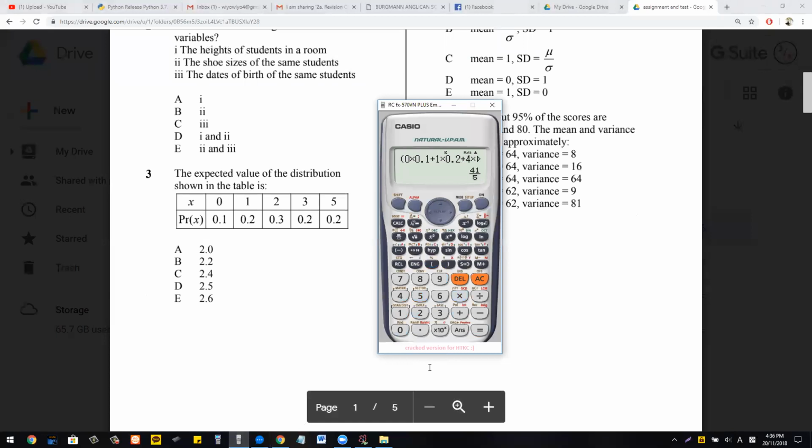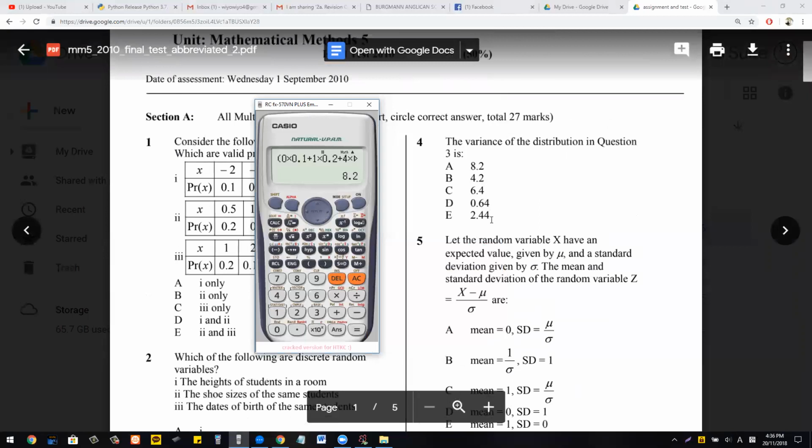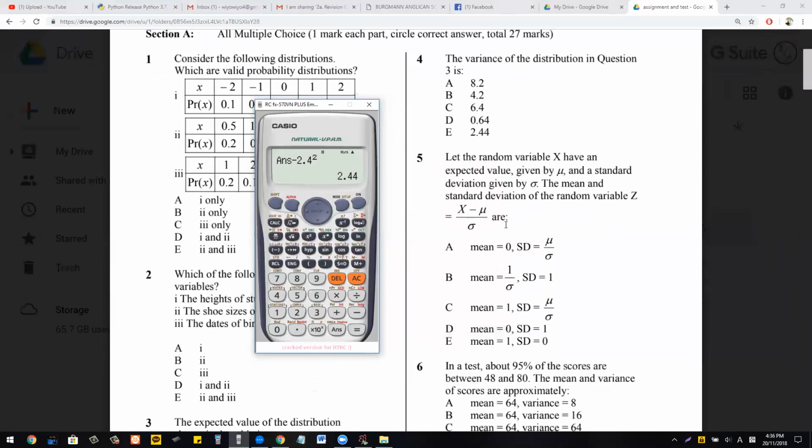So that's this one here. Sure. That's 8.2. Could you tell me how to find the variance, please? And then you do 8.2 minus 2.4 squared. Yep, very good. That's equal to this one, 2.44. That's the variance. Very good.